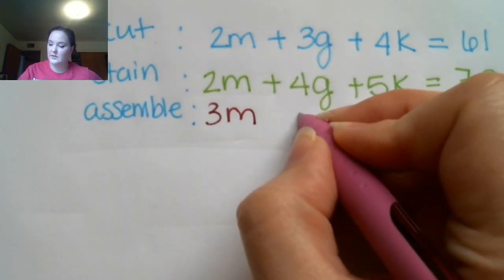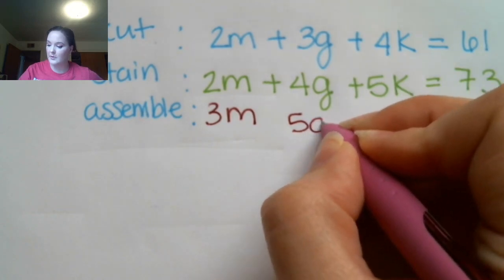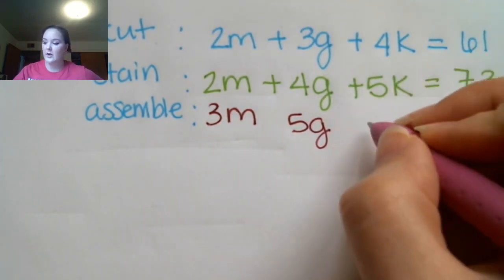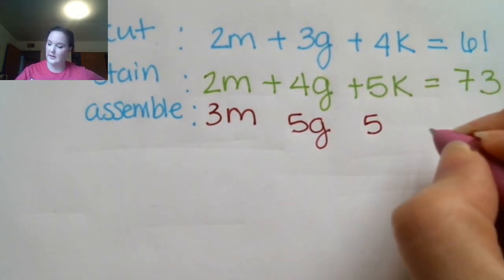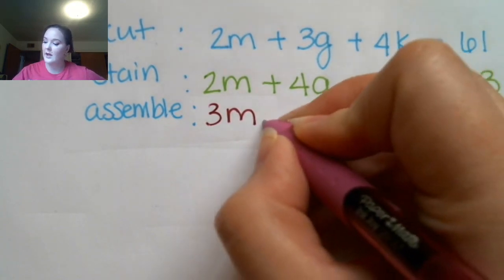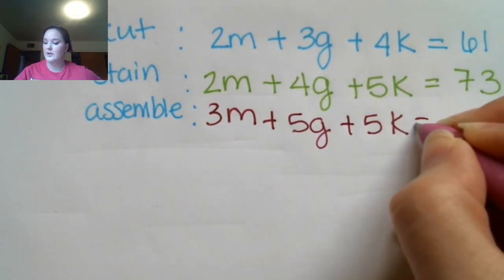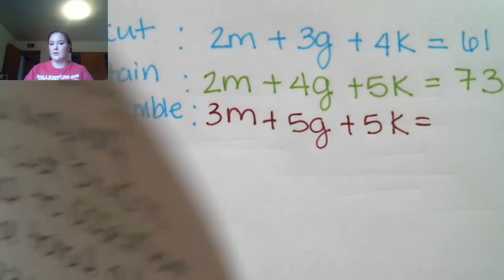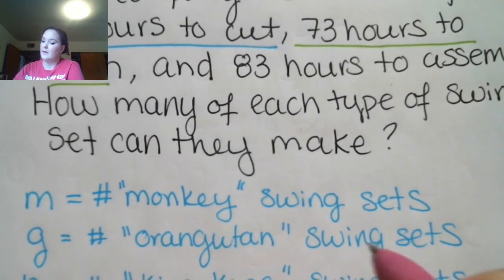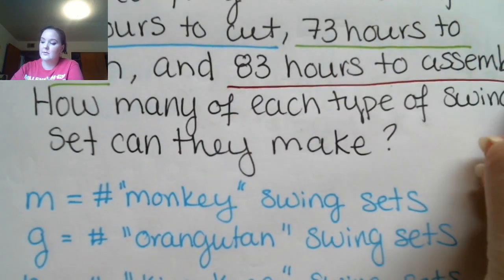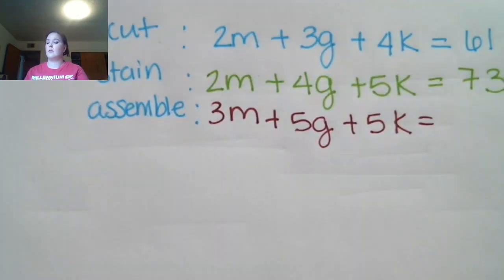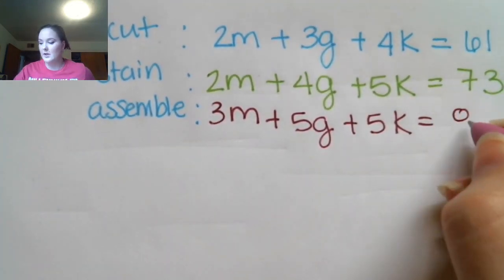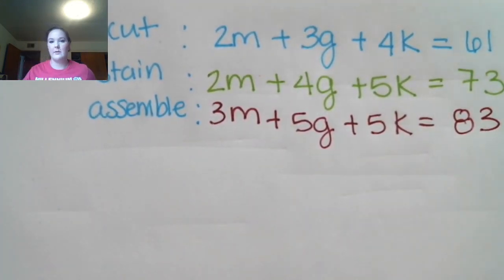For the orangutan, it's 5 hours per set times the number of sets. For the King Kong, it's 5 hours per set times the number of sets. And the sum total should be equal to whatever the total is here. So 83 hours to assemble, so our total is going to be 83.